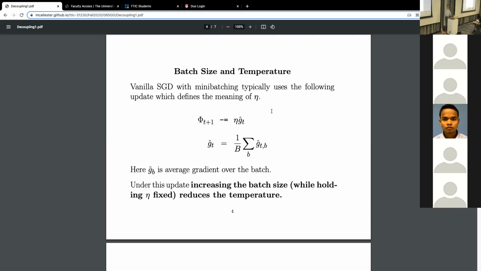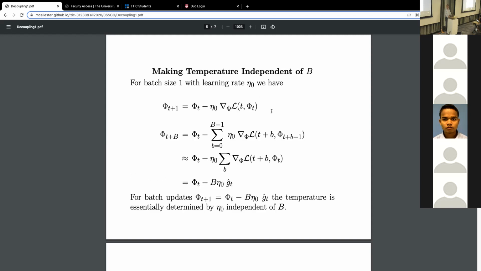So let's start with this equation, right? The estimate of the gradient, you go to PyTorch, your estimate of the gradient is going to be given by this formula. And this is still true in PyTorch. If you look at this last line here, PyTorch doesn't do this, right? It just takes your learning rate times this estimate. And my claim is if I hold the learning rate constant and increase the batch size, things are going to get less noisy and you're going to be running colder.